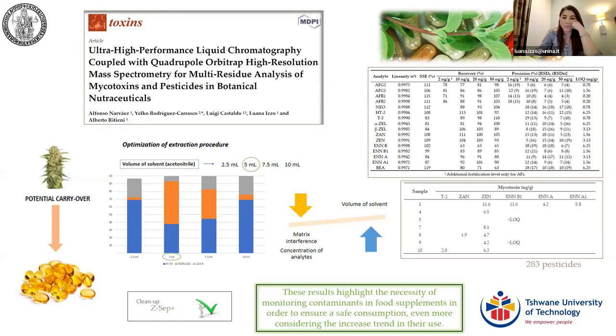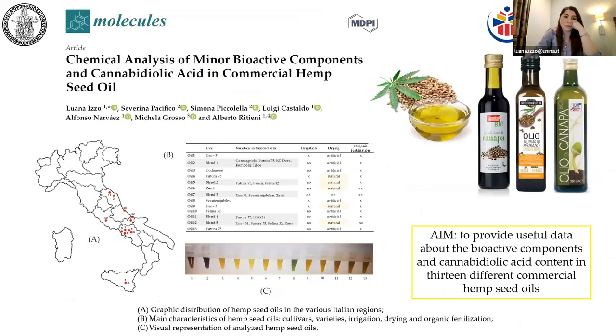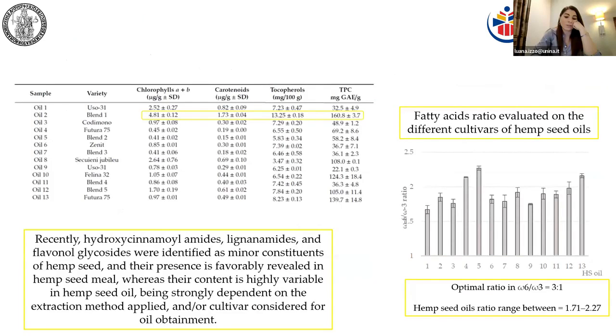In the last study on the hemp seed oil, we studied the cannabinoid acid content of 13 different oils. We have found a good ratio of omega-6 and omega-3 in the hemp seed oil.